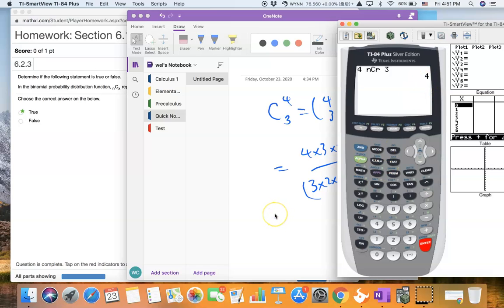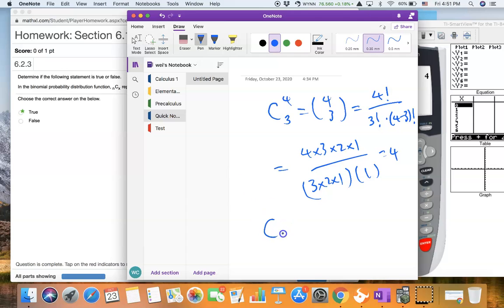Okay. So let's say now I want to find what 10 choose 3 equals. So how many different ways can I select 3 objects from 10 objects?